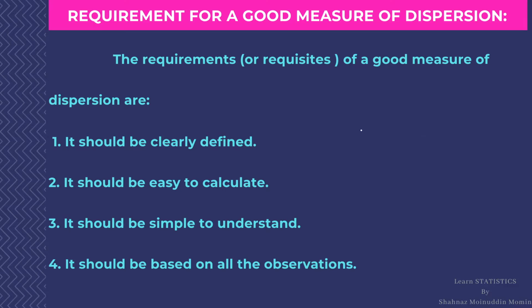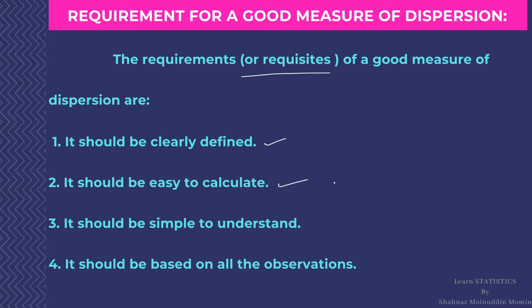The requirements or requisites of the good measure of dispersion are as below. So first condition is it should be clearly defined. Whatever may be your measure of dispersion, it should be clearly defined such that anyone can understand what is the measure of dispersion. The second one is it should be easy to calculate.